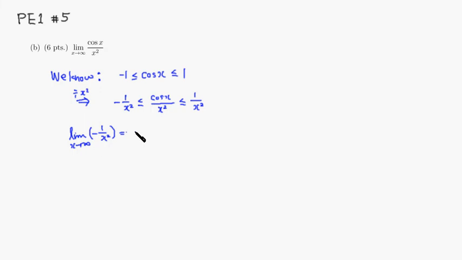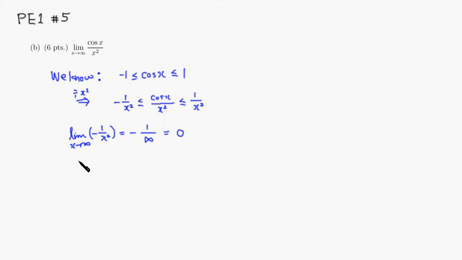You have a negative sign here, then you have 1, right? Then infinity squared is still going to be infinity, so you have infinity. But 1 divided by infinity is going to approach 0 because you're dividing by a huge number, so it's going to be -0. Well, you can just say 0.